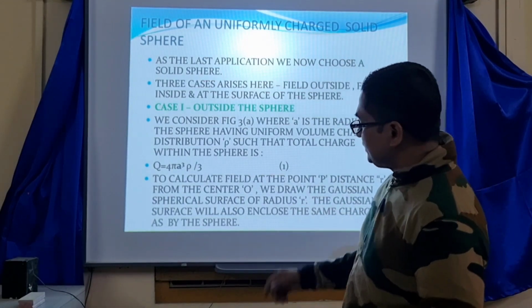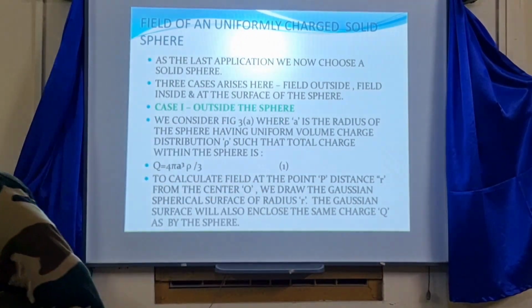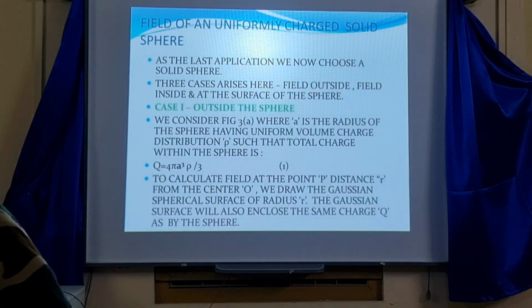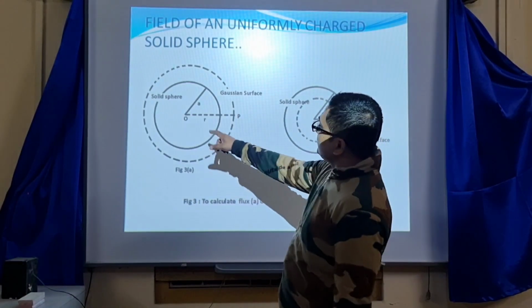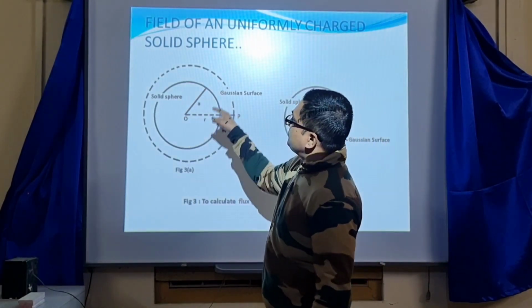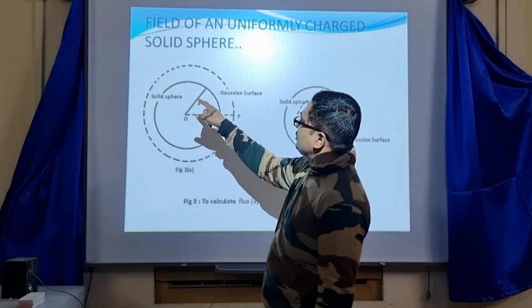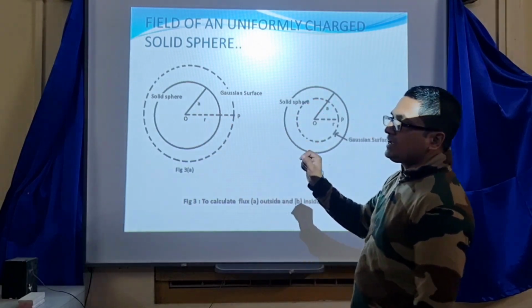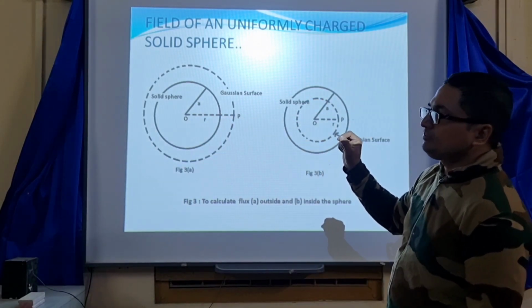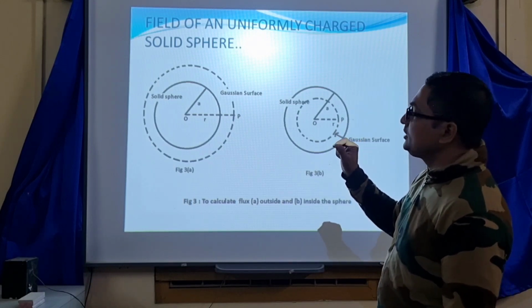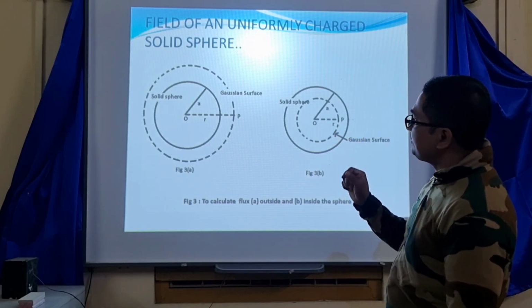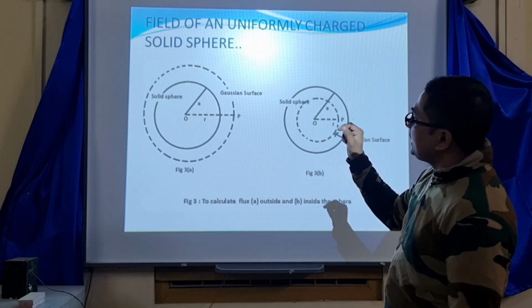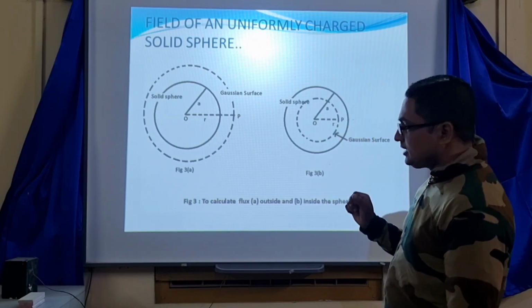The Gaussian surface is enclosing the charge of this sphere. The charge enclosed is 4 by 3 pi a cubed times rho, where the volume of the sphere is 4 by 3 pi a cubed and rho is the volume charge density.